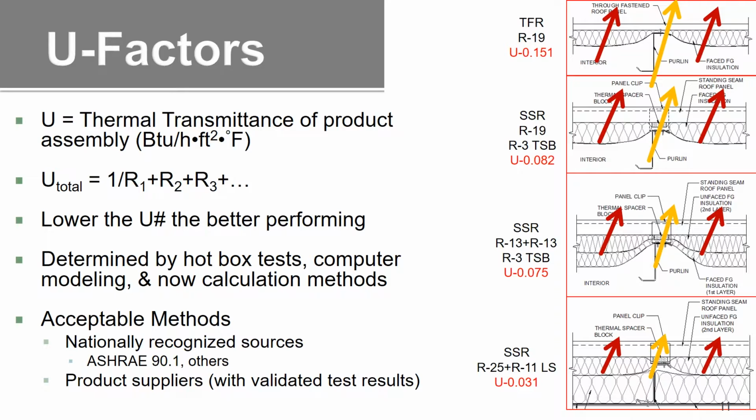You may just want to pick an insulation system to meet a particular U factor number. It's kind of sort of out of a catalog, so to speak, or a list or a table. The most recognized, nationally recognized sources are allowed, such as ASHRAE 90.1 Appendix A for metal building roofs and metal building walls.